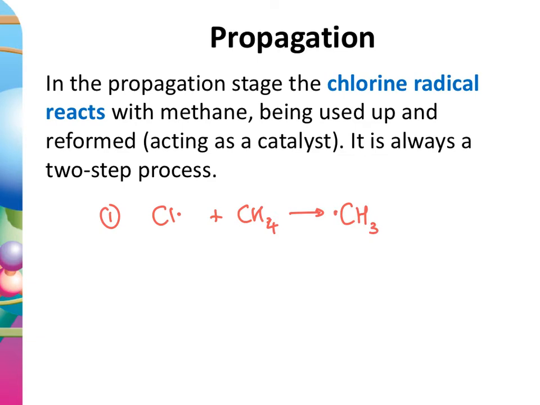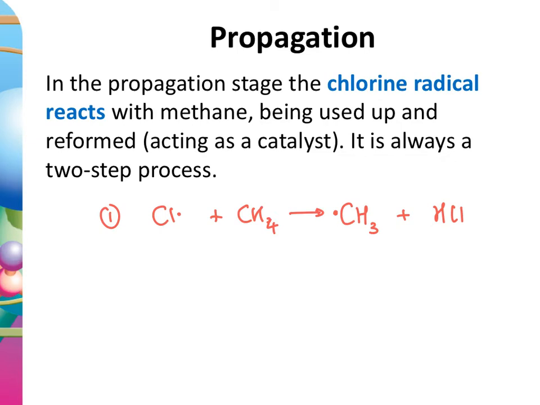Now that free radical is on the carbon, which is why I have drawn the dot next to the C, and this is something that we need to be mindful of. We should make it really clear where the free radical actually is. So it's on the carbon and not on the hydrogen.